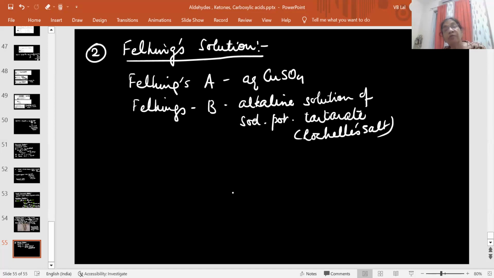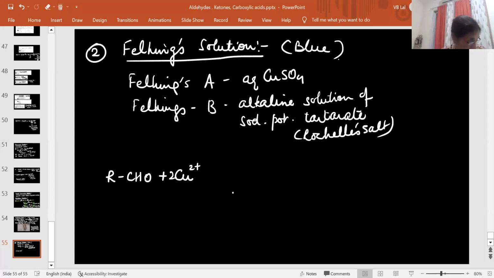Fehling's A and Fehling's B, you mix them together in equal volumes and you get a blue colored solution, which you call Fehling's solution. So if you take a compound which contains a CHO group, and this solution will contain copper ions, so 2Cu2+ plus 5OH minus.